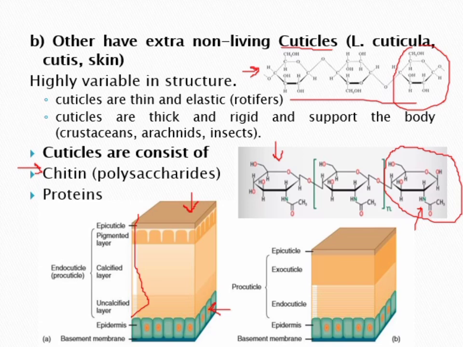So chitin is a polysaccharide made up of monosaccharides that have nitrogen in them. And then in cuticles, there would be fibers of proteins. So cuticles are made up of chitin, a polysaccharide, and protein. So these make an extra layer on top of the epidermal layer of the cells.